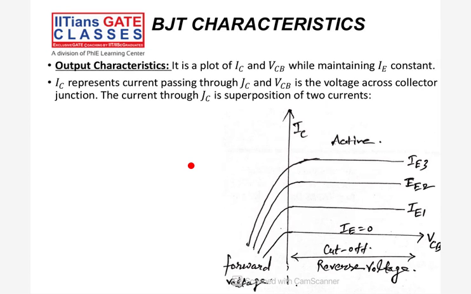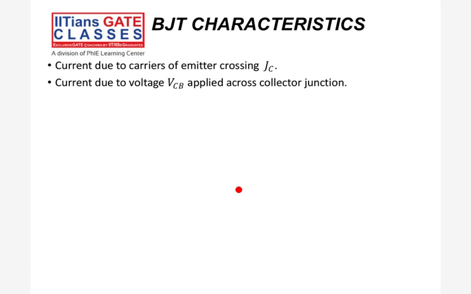The current through JC is a superposition of two currents. So what are these two currents? I have written that in the next slide, as space was not there here. One is the current due to carriers from the emitter crossing the collector junction. Due to that we got the IC current. And second is the current due to the voltage VCB applied across the collector.